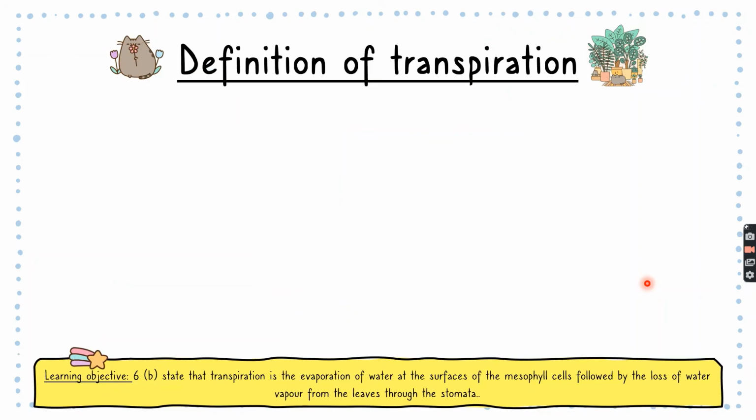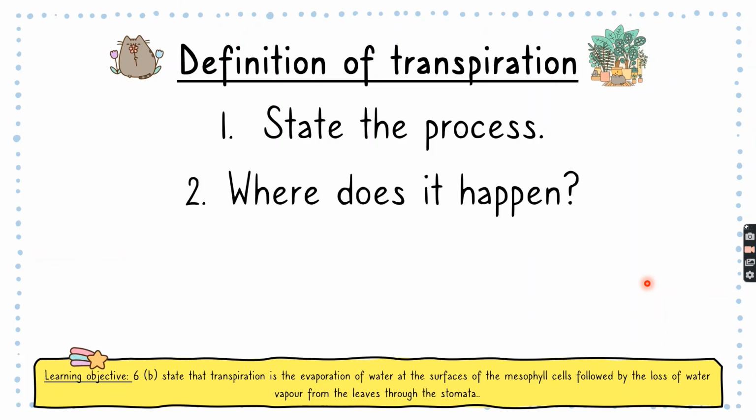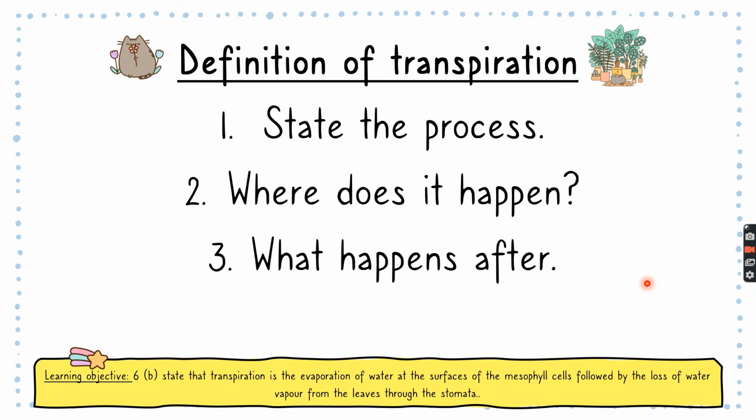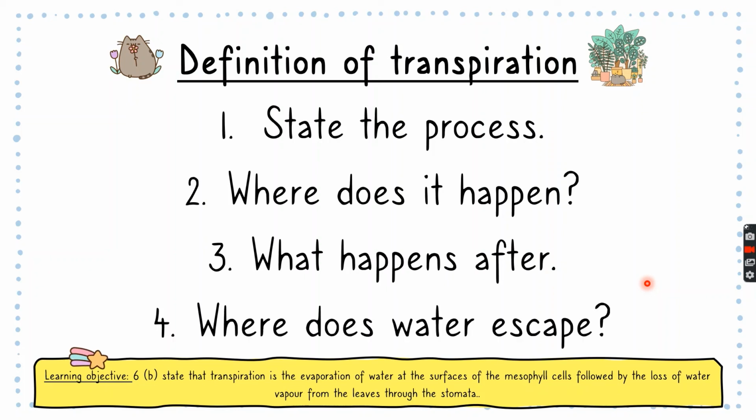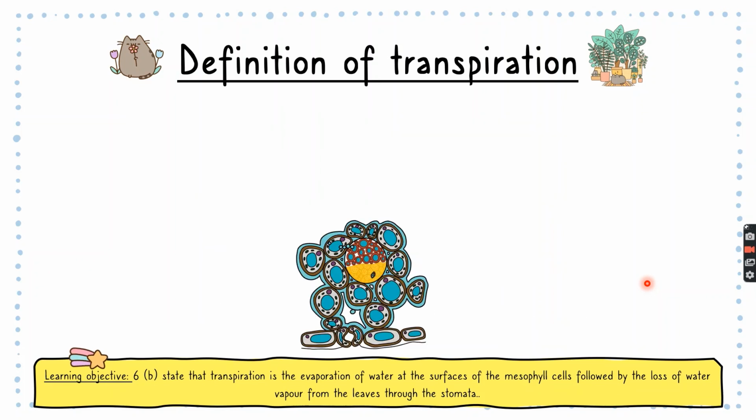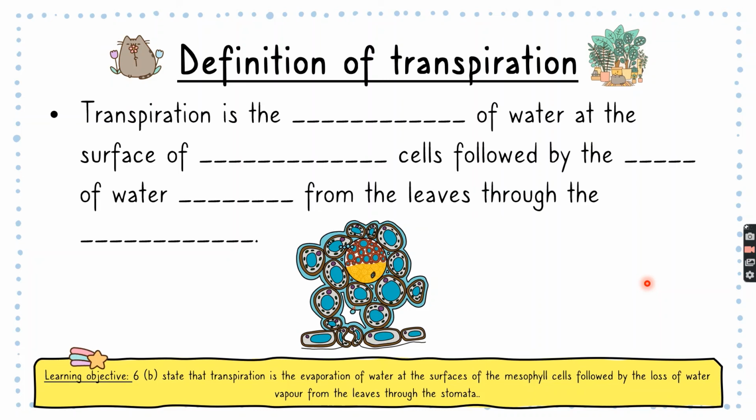So how do we define transpiration overall? Firstly, talk about the process. Secondly, talk about where that process happens, and then what happens after that, and where water finally escapes. This is literally your learning objective, but you have to really remember this and memorize it if you can. So firstly, what is the process?